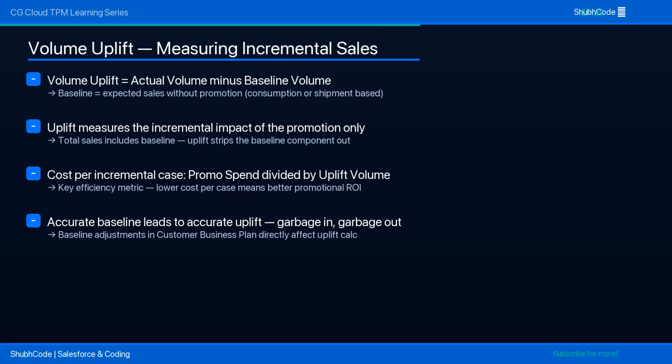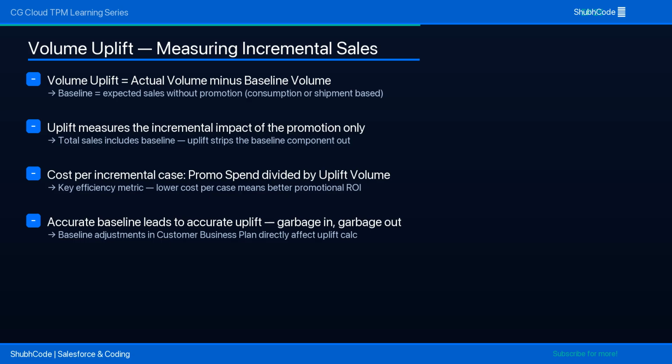Volume uplift is one of the most important metrics in post-event analysis, and it's one of the most misunderstood. Volume uplift is not your total sales during a promotion. It's the incremental sales, the additional units sold because of the promotion. Here's how it's calculated. Start with your baseline volume, expected sales without any promotion.